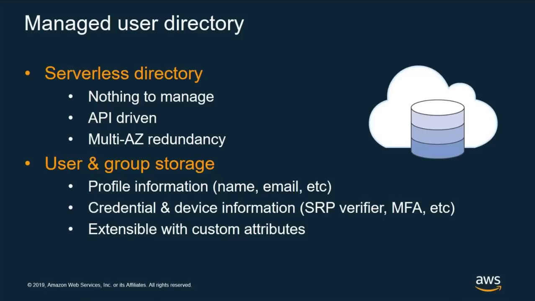What's particularly neat about the implementation of the directory with Cognito is that instead of actually storing very sensitive information like passwords, we simply store what are known as secure remote password, or SRP, verifiers. This is a fancy cryptographic technique that allows Cognito to store an ability to verify that the password was correct without storing the actual password itself.